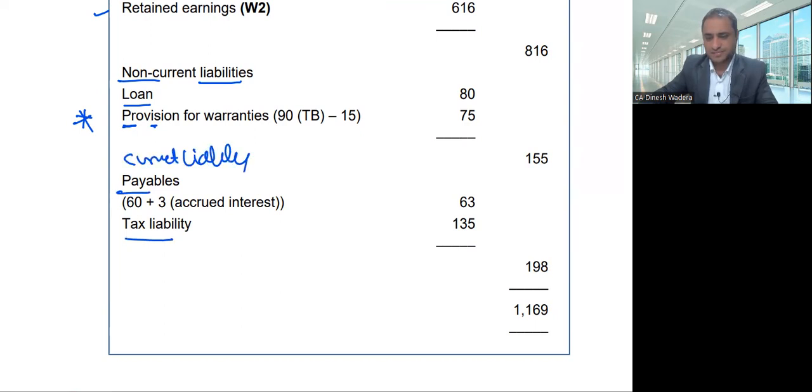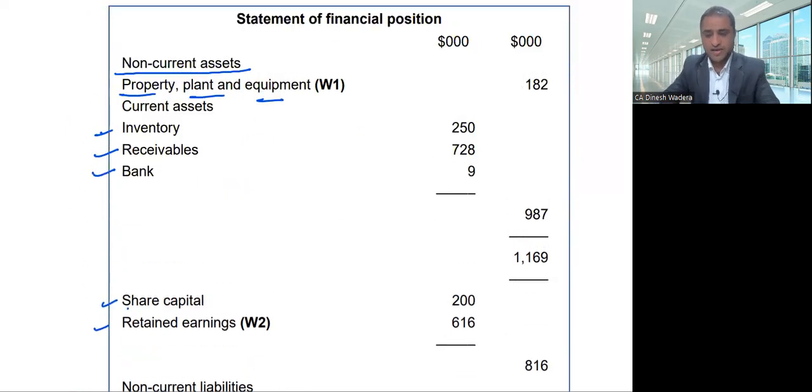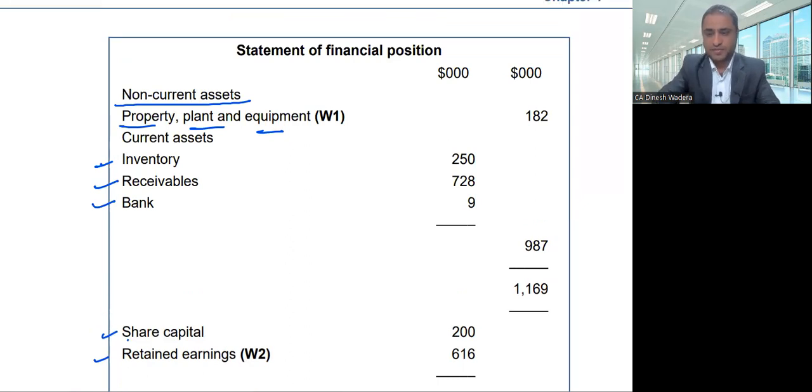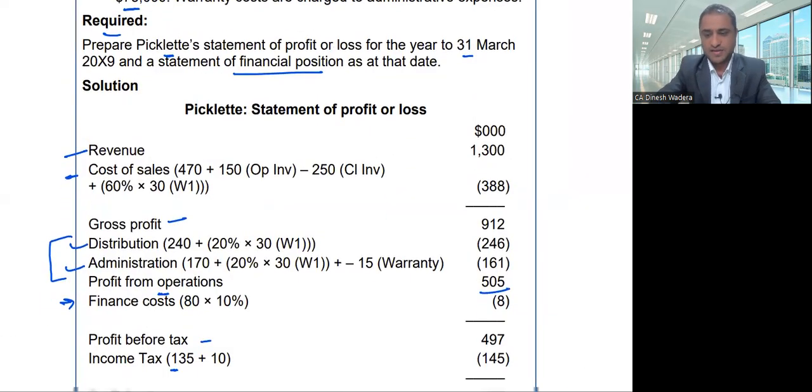So now, if you understand the flow, we will have to make a few workings first. So let's make a format of statement of financial position and statement of profit and loss first. Just first start with the statement of profit and loss for the year ending 31st March 2019.